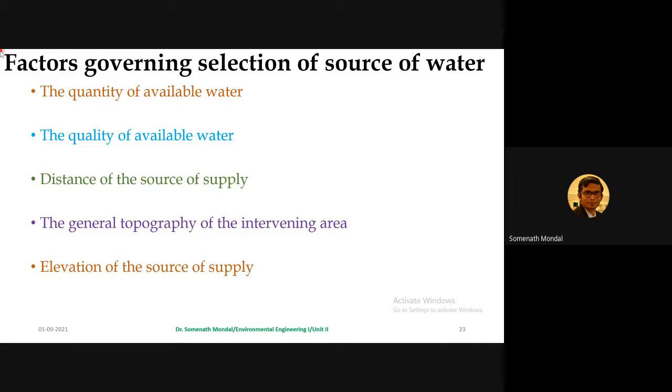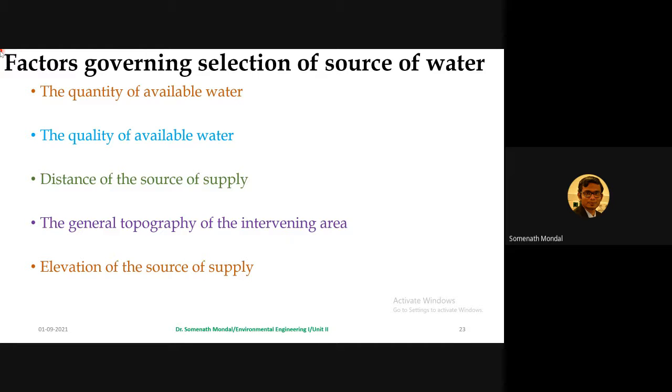Next is elevation of the source of supply. The source of water must be at a higher contour, lying sufficiently higher than the city or the town to be supplied the water. By that, only by gravity flow, we can take the water from the source to the treatment, as well as to the supply area.